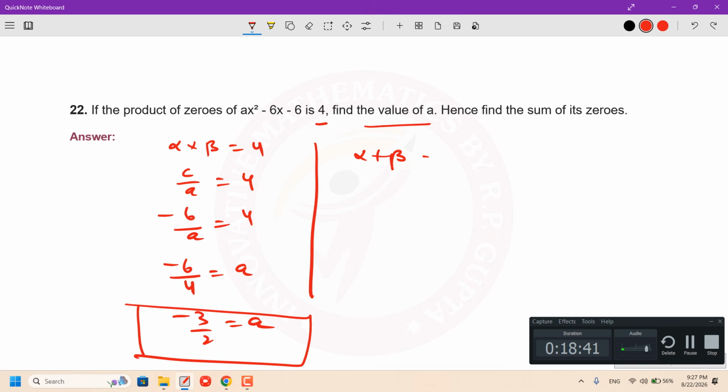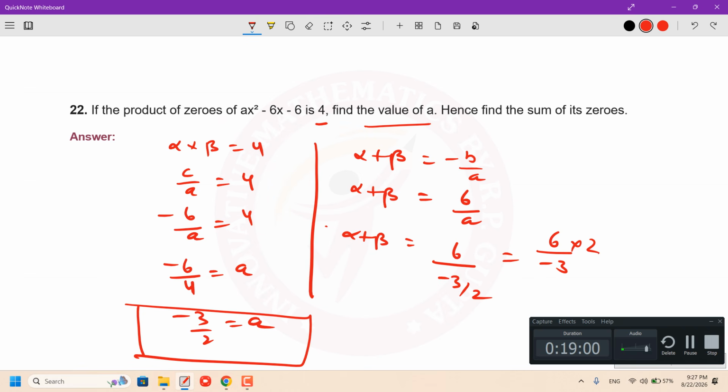Alpha plus beta is minus b by a. So sum of zeros is equal to 6 by a. So sum of zeros is 6 upon minus 3 by 2. So 6 upon minus 3 times 2, 3 2s are 6, so minus 4.